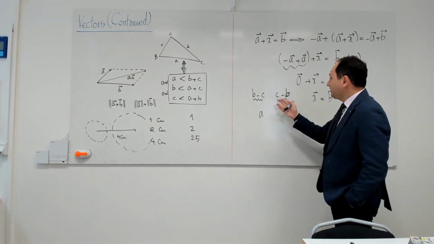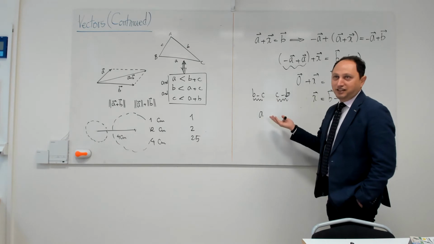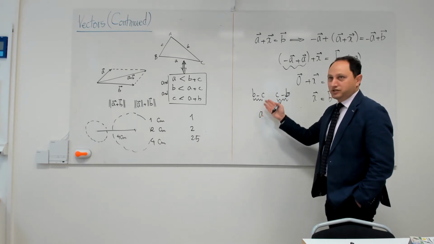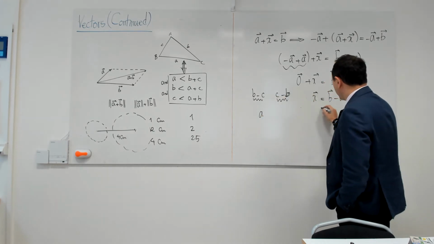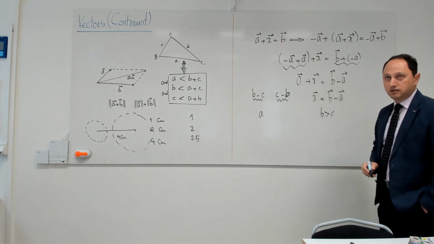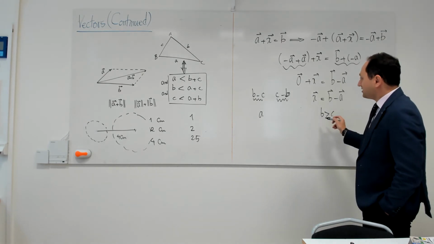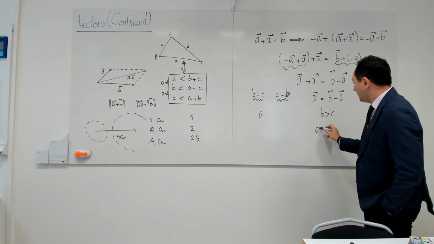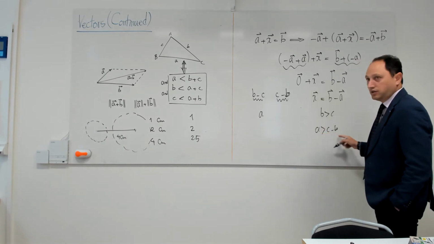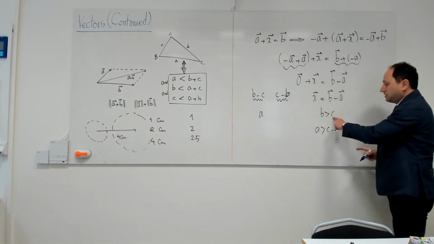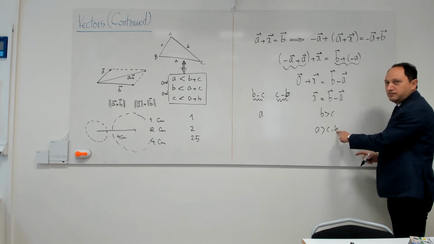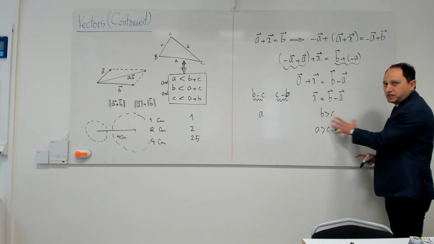Okay? And if one of them is negative, again, this is a silly question, because this is positive and the other one is negative. So let me assume that B is greater than C. Okay? If B is greater than C, definitely A is greater than C minus B. Do you agree? Because if B is greater than C, C minus B is a negative number, and A is a positive number, so that is for sure.